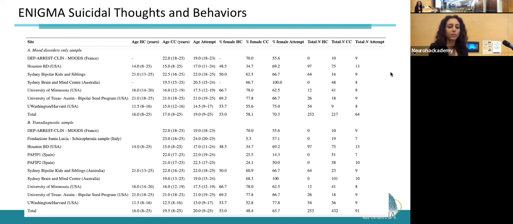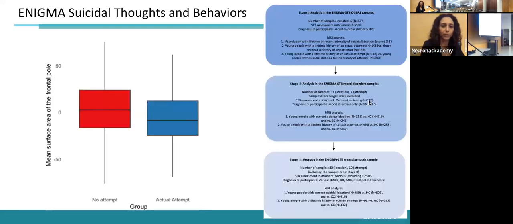So a lot of our cohorts almost all have 10 or fewer cases of a previous attempt. The only way to really do a well-powered analysis is to pool all this data together rather than do individual site analyses, because with an N of 10 or N of 8, even 7, it's not something that is well powered within the individual sites, and the noise will be just too much.